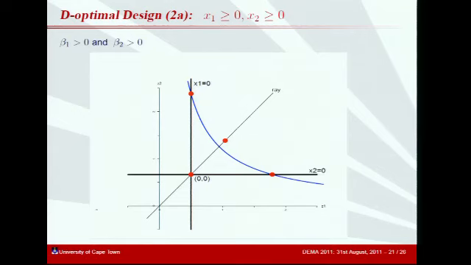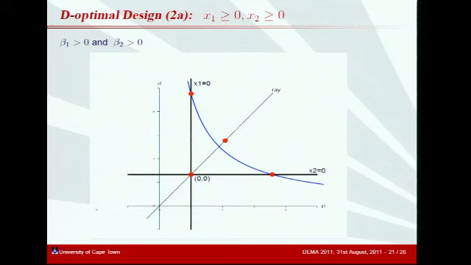Basically my hyperbola relates to the z-axis, but my constraint is a real one. It's not on z1, and, well, it is on z1 and z2, but it relates to x1 and x2 being greater than or equal to 0. And so I've imposed the x2 is naught, x1 is naught lines.